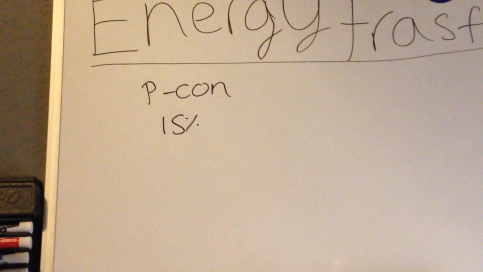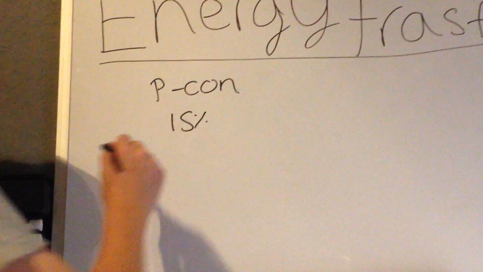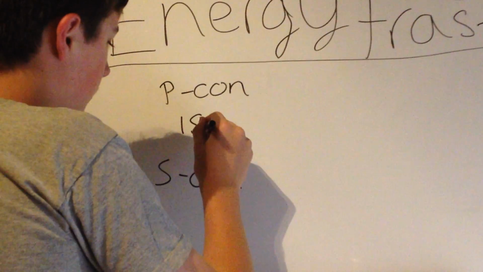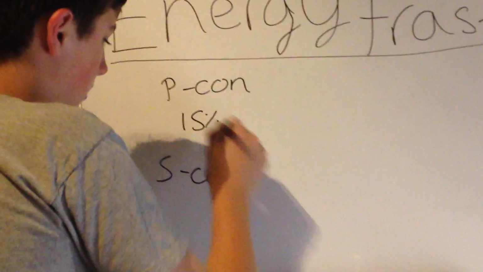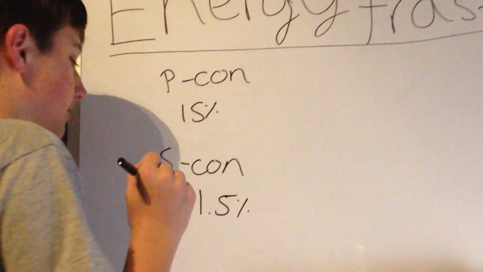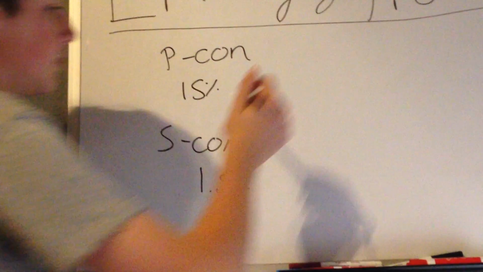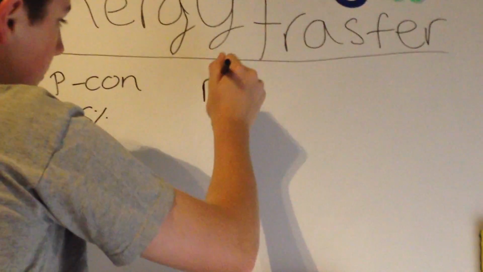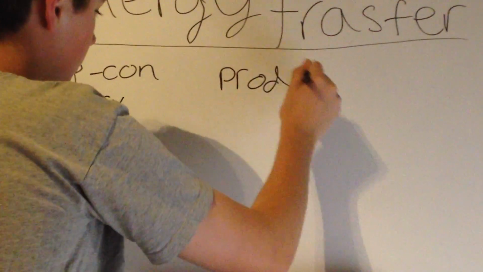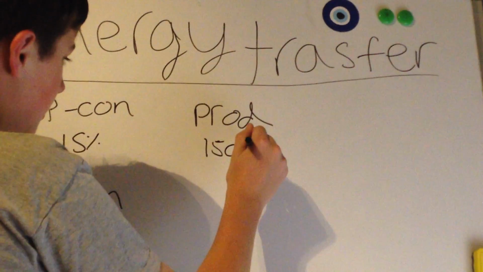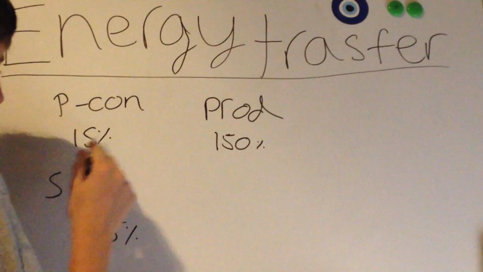That means that the secondary consumer, because we can do the 10% rule, will only have 1.5% of the total energy. Or if you want to go backwards, you can go to the producer, who would have 150%, because this is 10% of that.